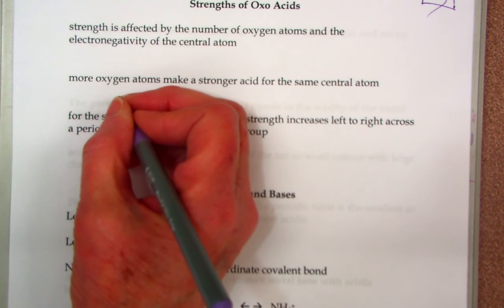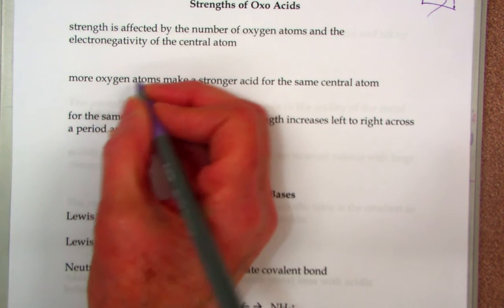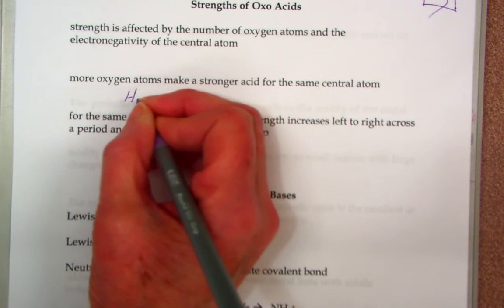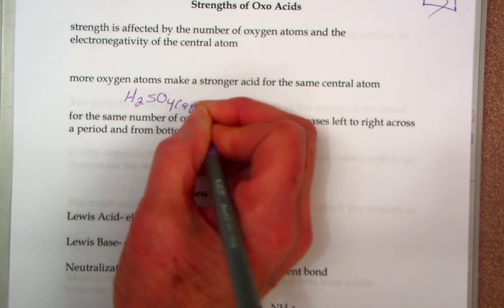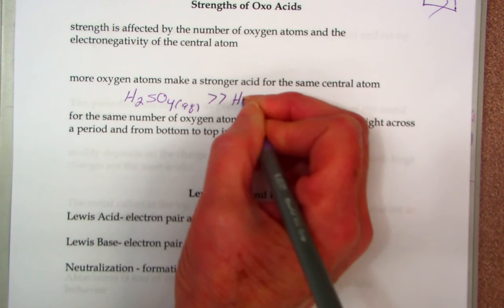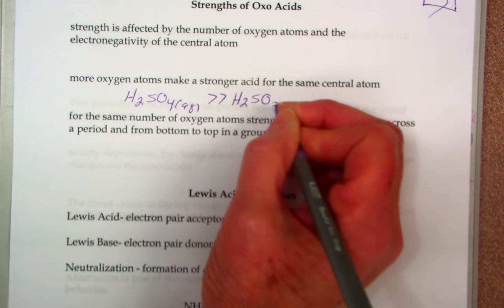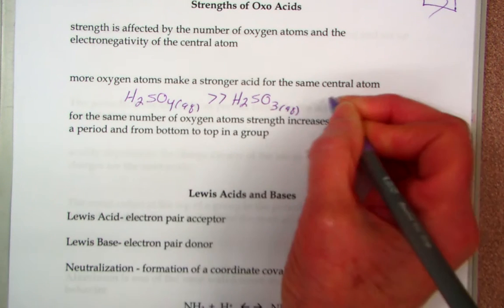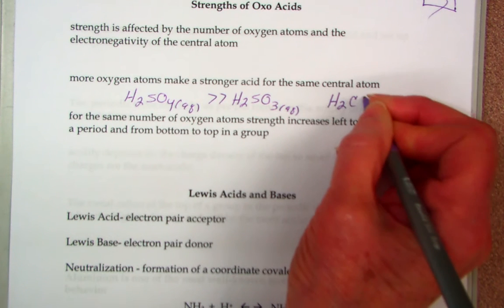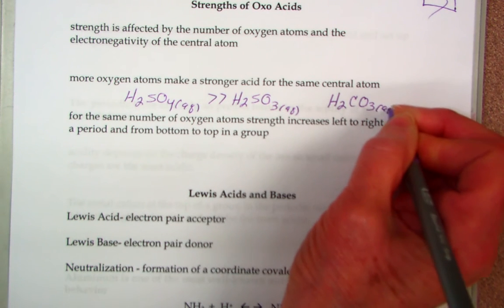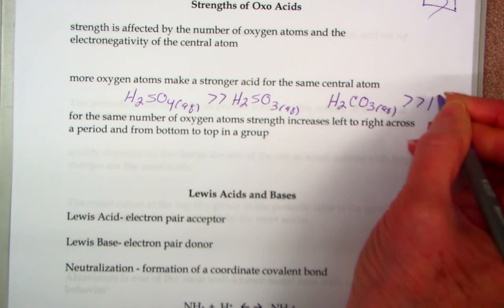So the ic acid is always stronger than the us acid. Say sulfuric acid will be stronger than sulfurous acid, or carbonic acid will be stronger than carbonous acid.